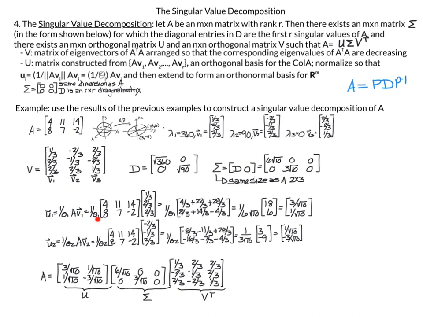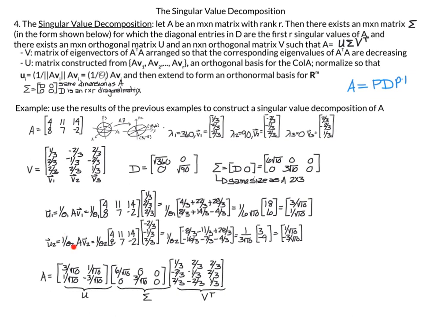So I have 1 over sigma 1, my A, and my first eigenvector. I did my matrix multiplication, and I get this 18/6. My sigma 1 is the square root of 360, which is 6 square root of 10. So my U1 is 3 over square root of 10, and then 1 over square root of 10.